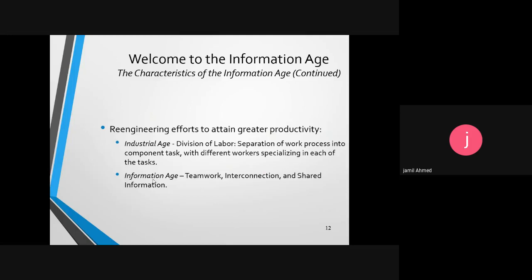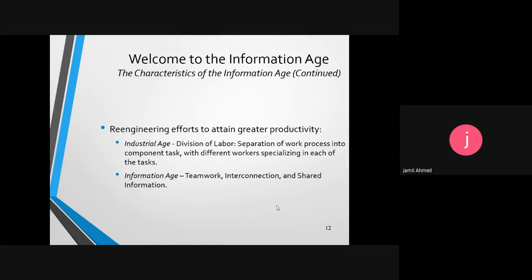So, re-engineering efforts to attain greater productivity in the industrial age involved the division of labor, separation of work processes into component tasks with different workers, and specialization in each task.